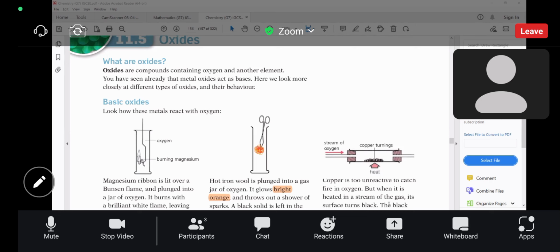When it is heated, its surface turns black because of the formation of copper(II) oxide.